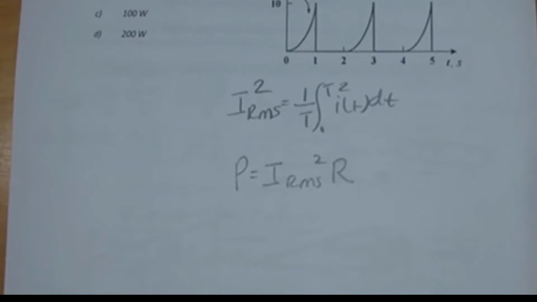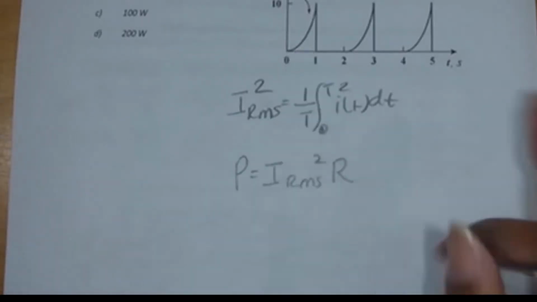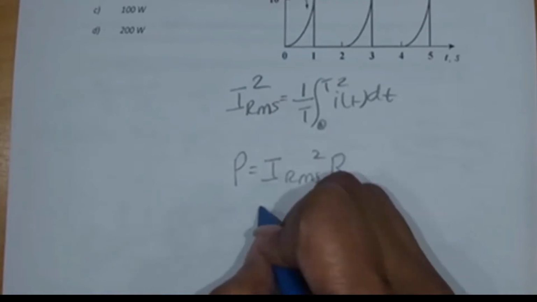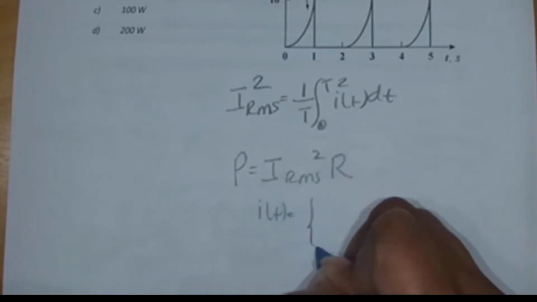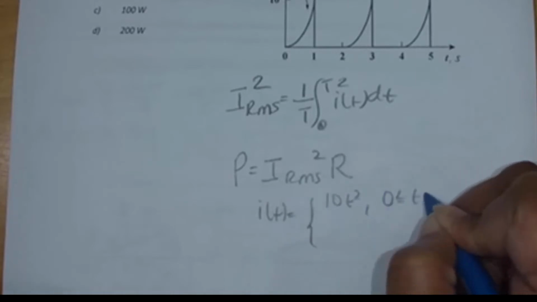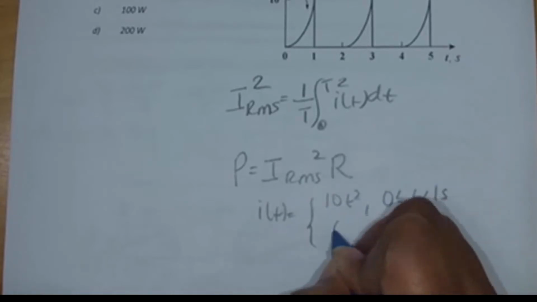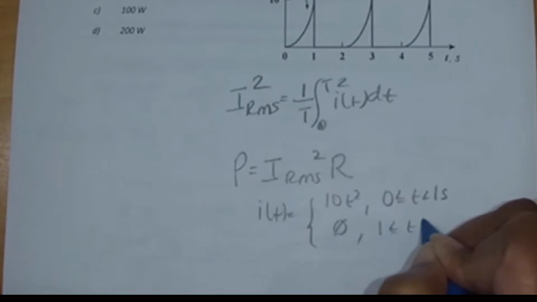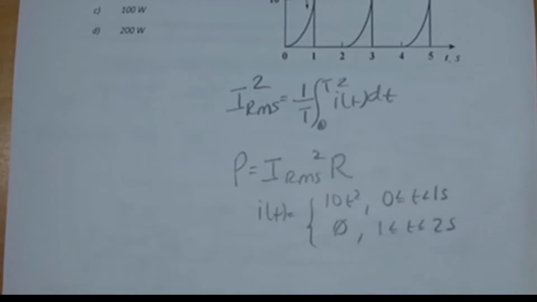And the formula to find the power is IRMS squared times R. Okay, so this one you're given the equation already. So you know that I of t is 10t squared between 0 and 1 second, and then 0 between 1 and 2 seconds.